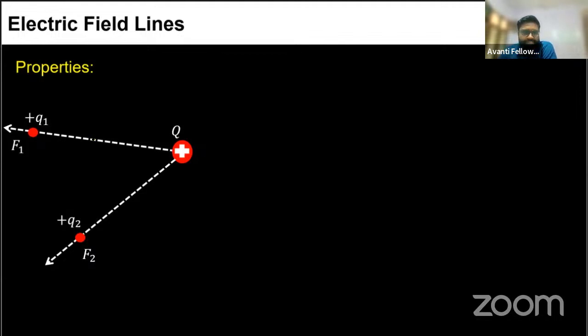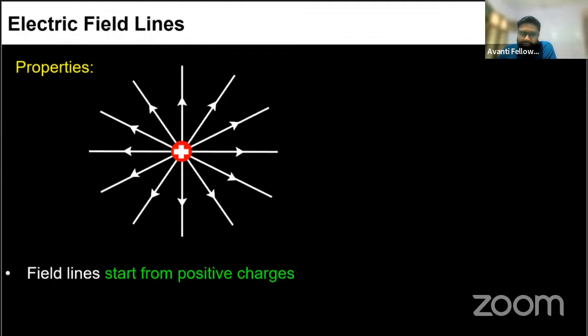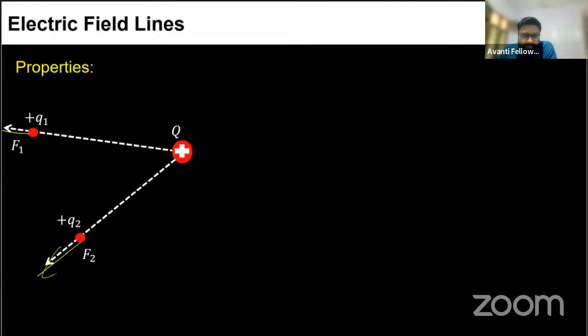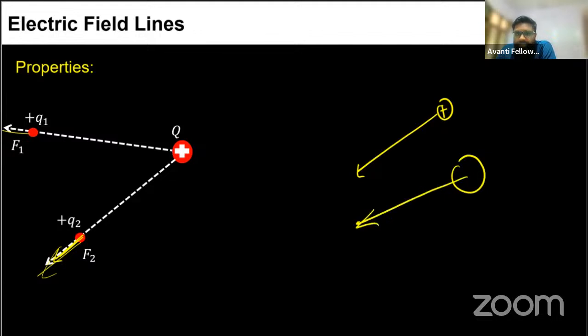So here this is positive charge. Two other charges we have taken. These are the lines of force. F1, F2 repulsive. And in the radial direction, so we can say that field starts from the positive charge. Because if this force is acting in this direction, look, positive charge always repels, which means these lines are originating from it. You can't call it origin here. What would you call it? Lines are originating from this?